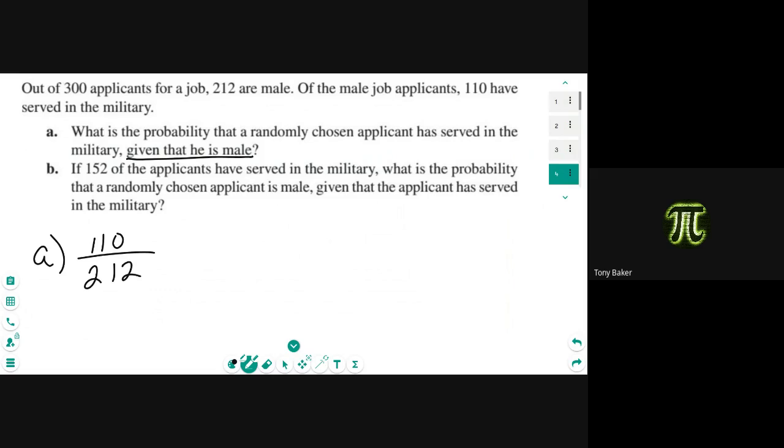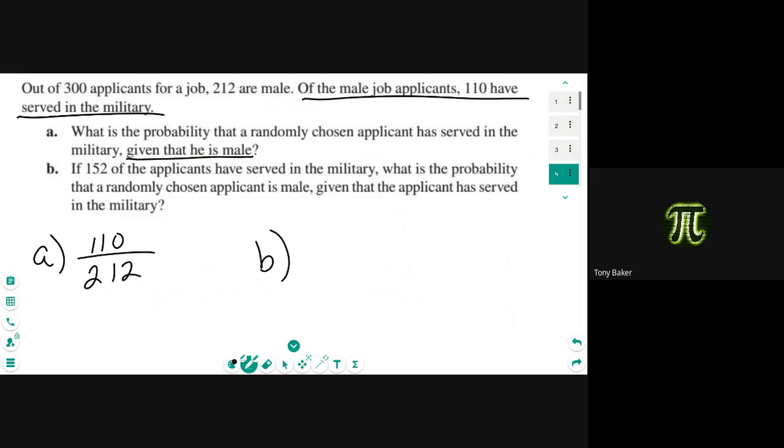So how many males served in the military? 110. It says 152 applicants served in the military, not males.